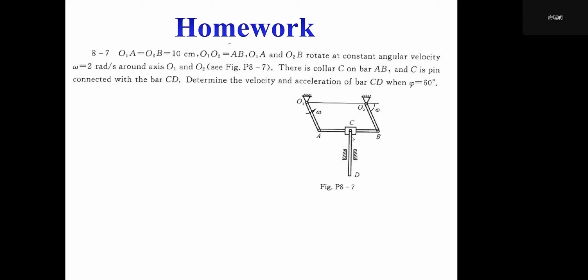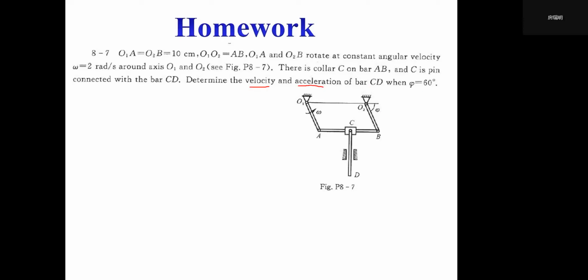That means CD can only move along this vertical line, so it is also a rigid body with translational movement. It asks us to determine the velocity and acceleration of bar CD when phi equals 60 degrees.